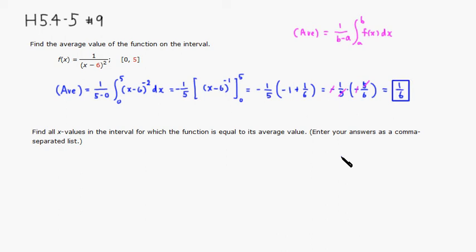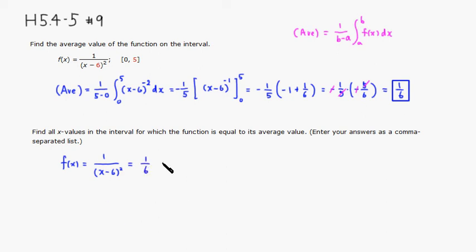Then for the second part, we need to find all x values that make this function exactly equal to 1/6. So let's do that. Start with the function f of x, which is 1 over quantity x minus 6 squared, and we want this to be exactly equal to 1 over 6.